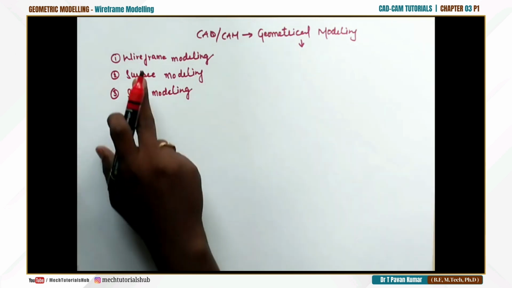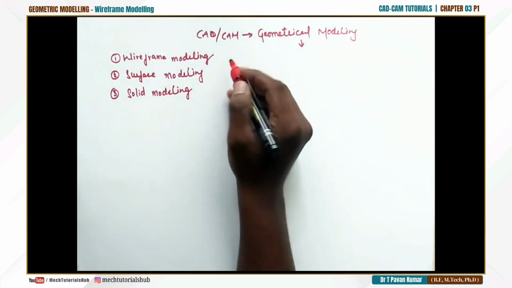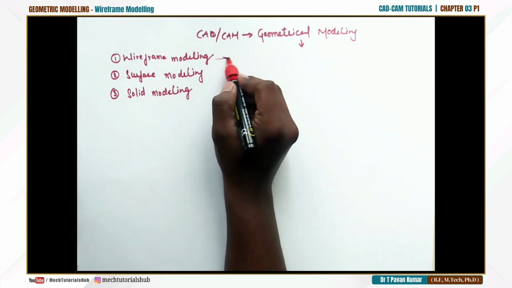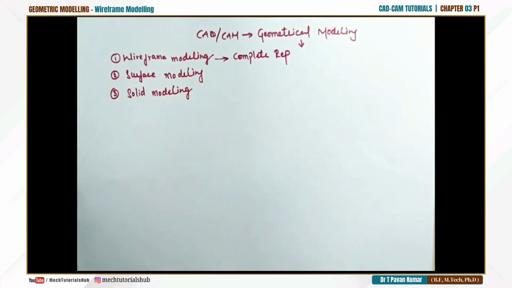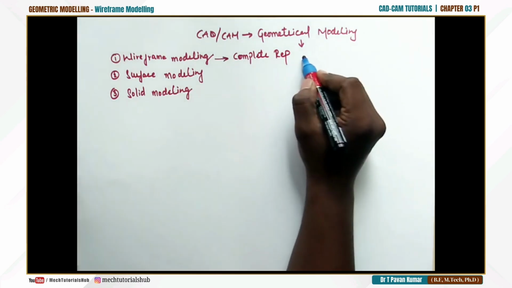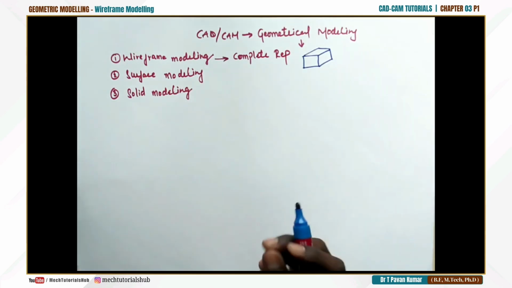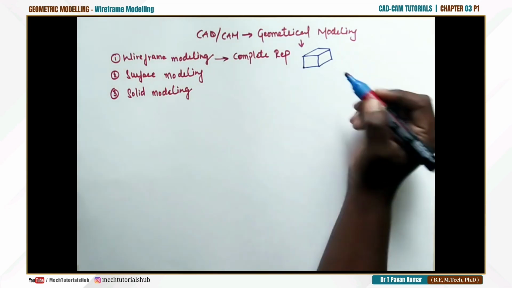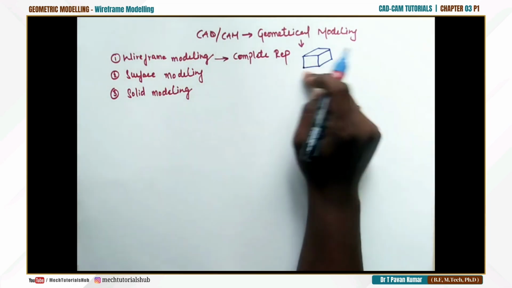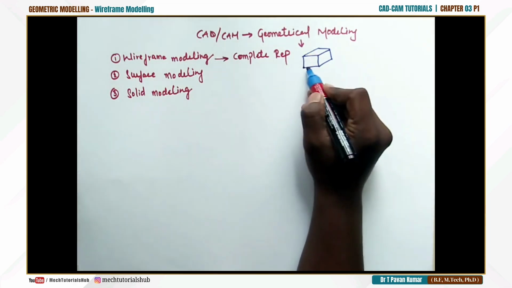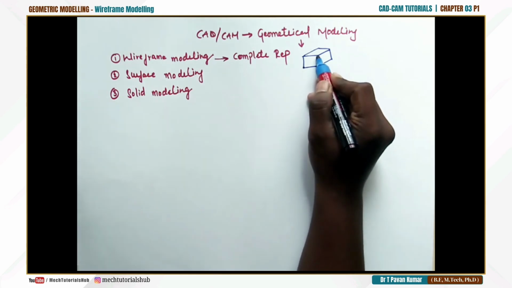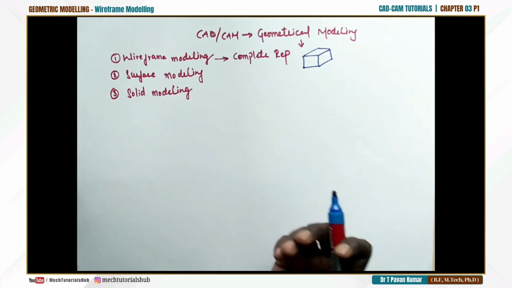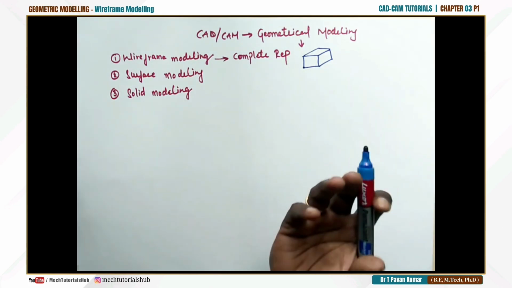Now, as I said, the wireframe model is not a complete representation of a model. If you consider a 3D model, and I take a wire, start at a vertex point, a corner, and wind it slowly along the edges, the shape I ultimately get is the wireframe.